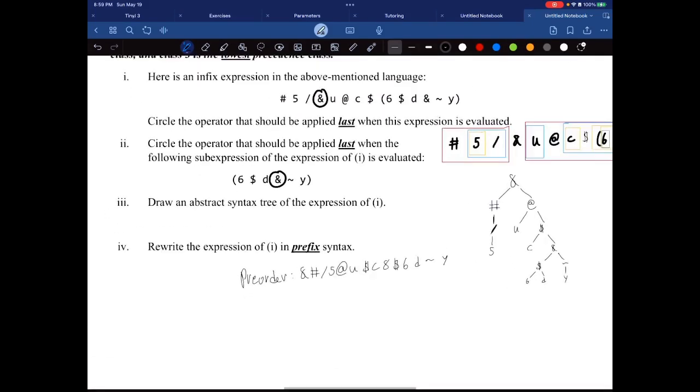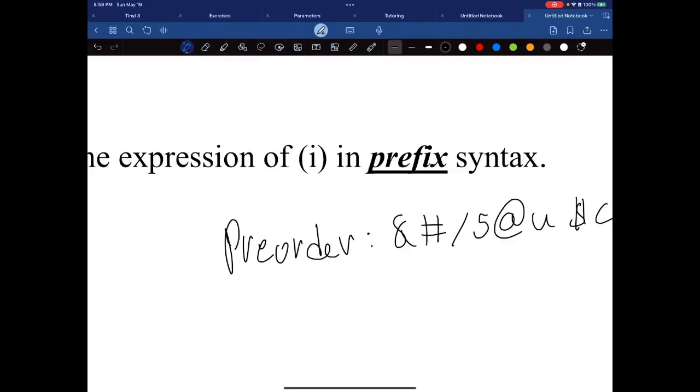Or sorry, I shouldn't write pre-order. I should write prefix. Okay. So prefix.